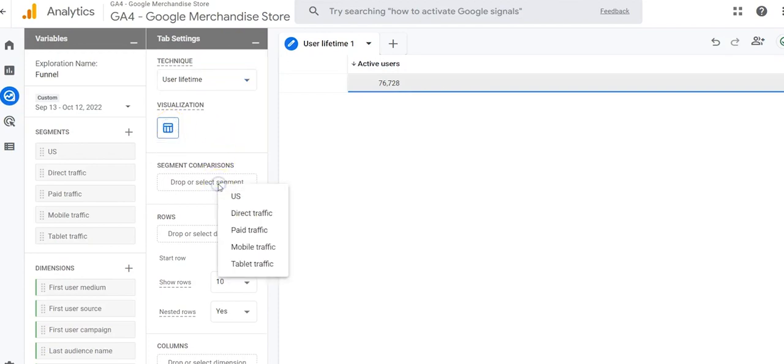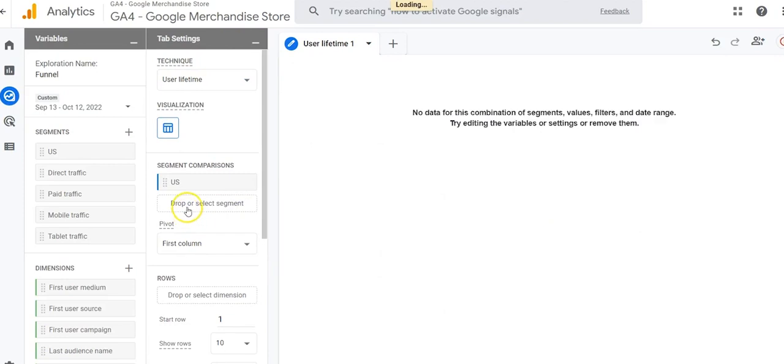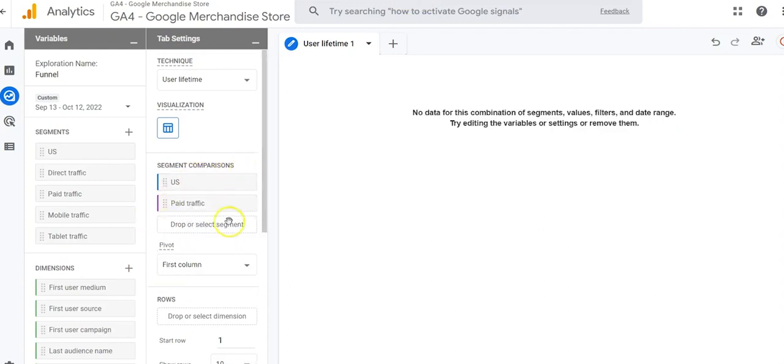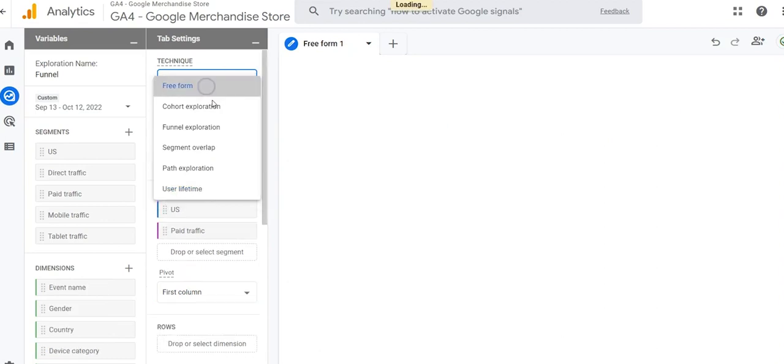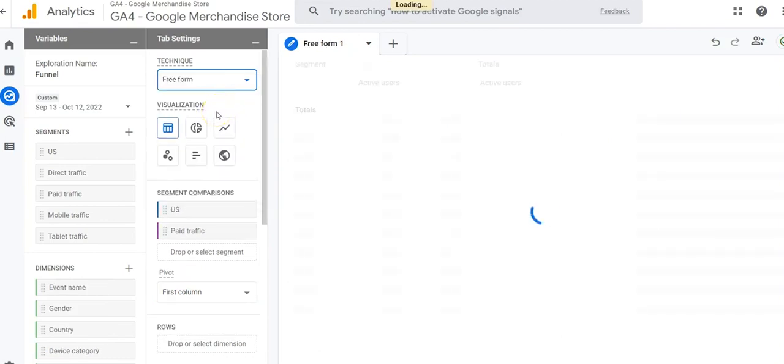You can add additional segments, and it'll tell you if there's data or not. And we want another segment comparison, and I want to look at US paid traffic. We have pivot tables that we can put in here. Quite a bit of information. We can also look at freeform, and you can create your own and decide how you want to set this up to provide you with the information that you need to know.